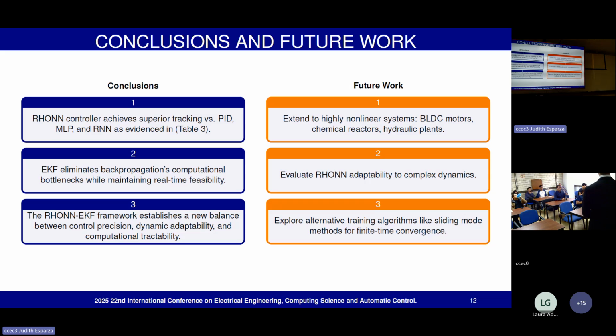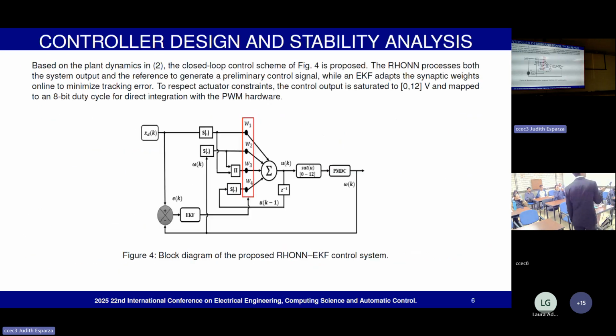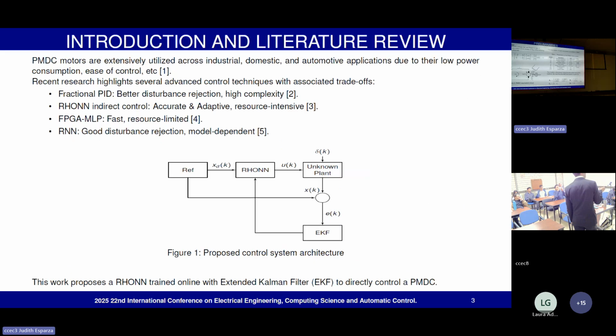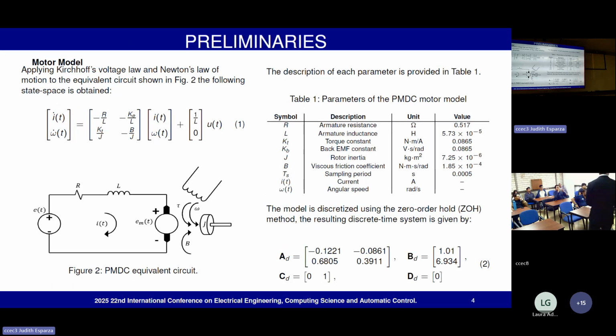In those cases, sometimes there's not enough time for the neural network to converge within the sampling time you need. You didn't mention what sampling time you were using. It's shown in the parameters table. We use that sampling period. Okay, it's high enough.